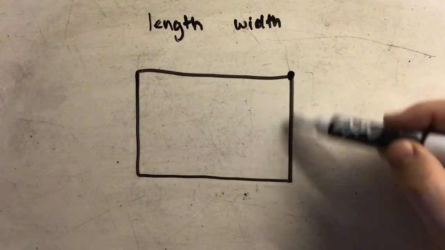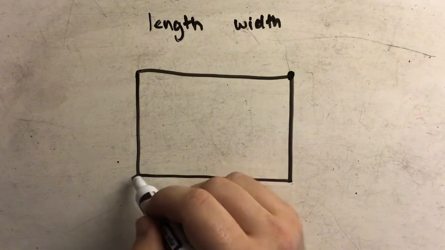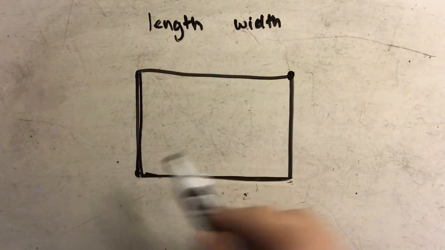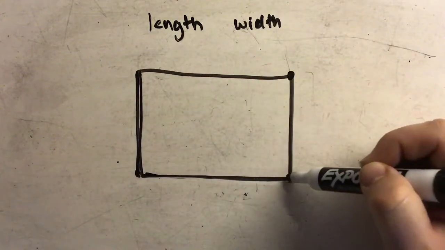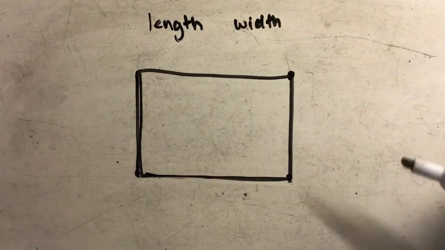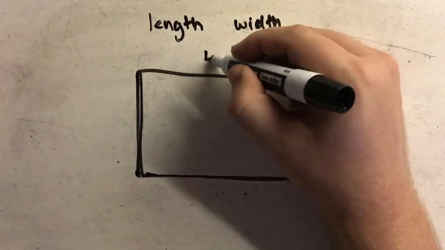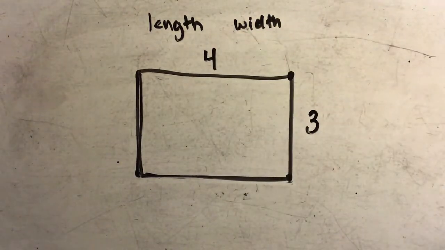So I could say that this is the length and this is the width. Or at this point, I could say that this is the length and this is the width. But basically, I'm choosing any two lines that meet at one point, and I'm measuring those two lines. And typically, those measurements will be given to you. So in this case, we might say that this length is 4, and this length is 3.